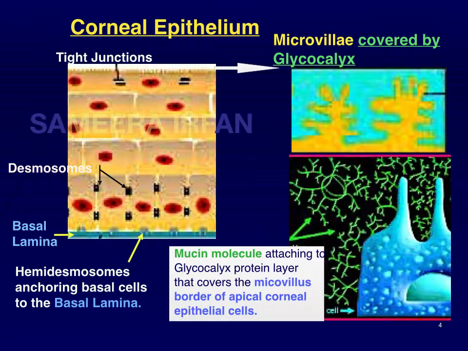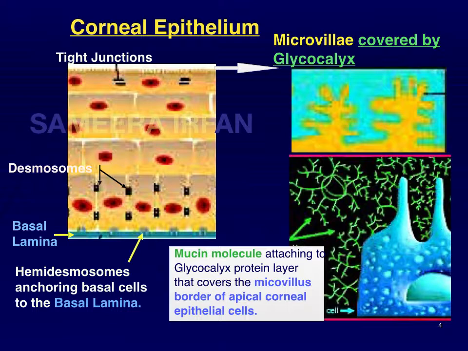Both the zonula occludens and the desmosomes make the corneal surface hydrophobic, that is, water repellent, and it prevents any fluid from entering either the epithelium or the stroma. Thus, the water-soluble dyes like fluorescein or rose bengal are repelled, and they fail to stain a healthy corneal surface epithelium.